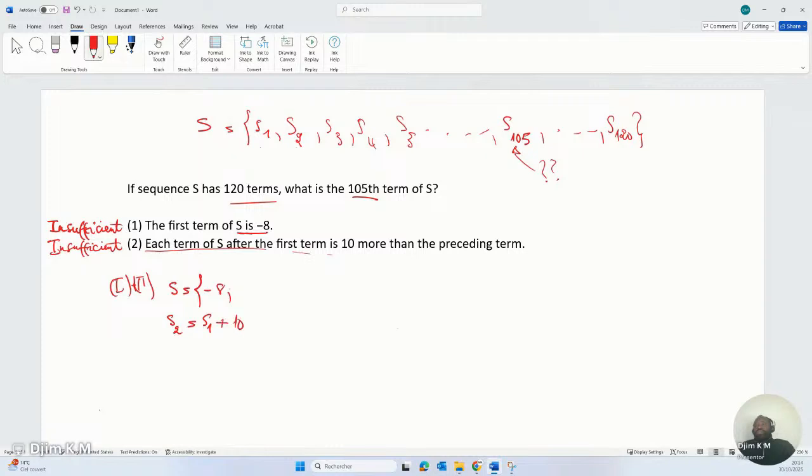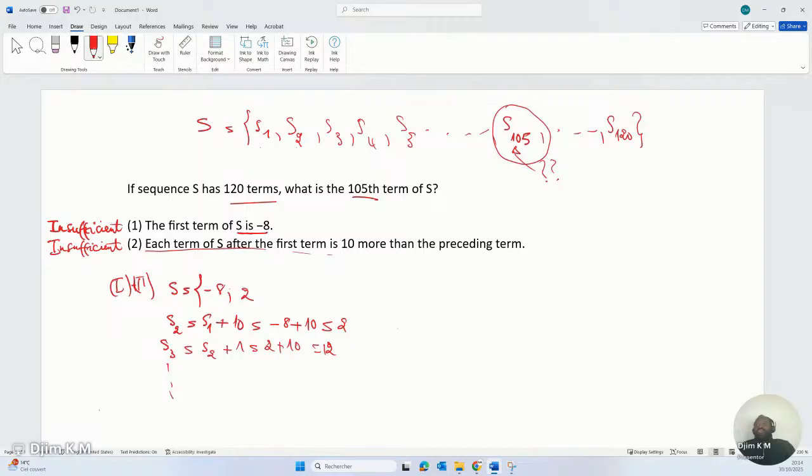Okay, 10 more than the preceding. That will be minus 8 plus 10, which is 2. So we have 2 here. S3 will be equal to S2 plus 10, which is 2 plus 10, which is 12. So if we continue like this, we will be able to find the 105th value.